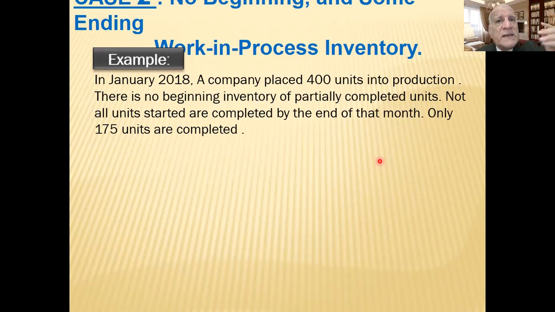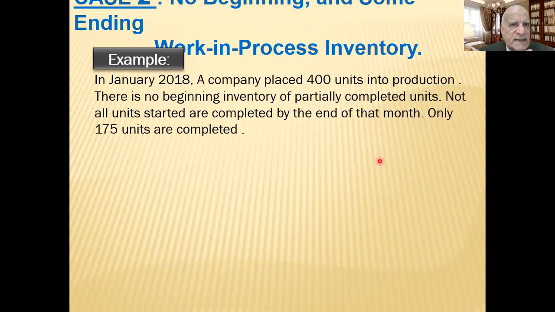The 225 partially completed at the end of January are fully processed for direct materials, because we assume that direct materials are added at the beginning of this process. But conversion costs, which consist of direct labor and manufacturing overhead, are added evenly during processing.